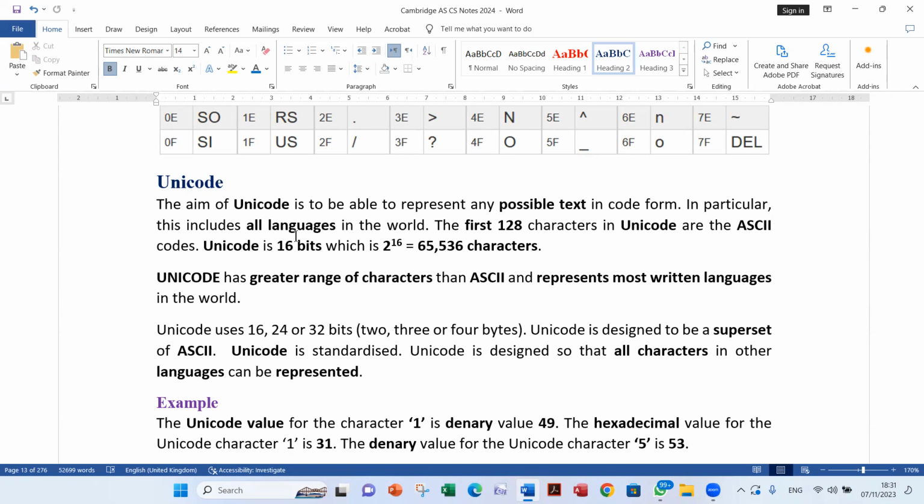So they moved to what is called Unicode. Unicode is 16 bits long. And then 2 to the power of 16 is 65,536 different characters. It may accommodate all written languages in the world.